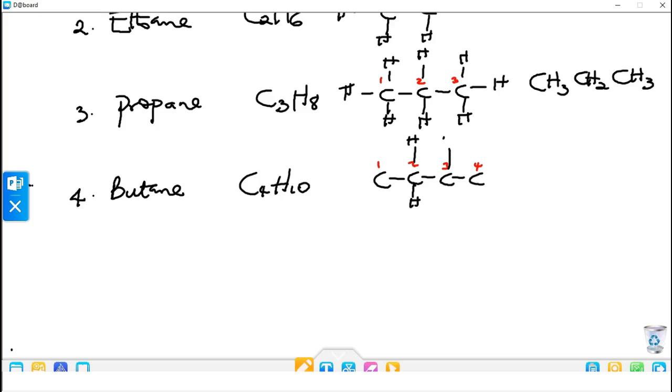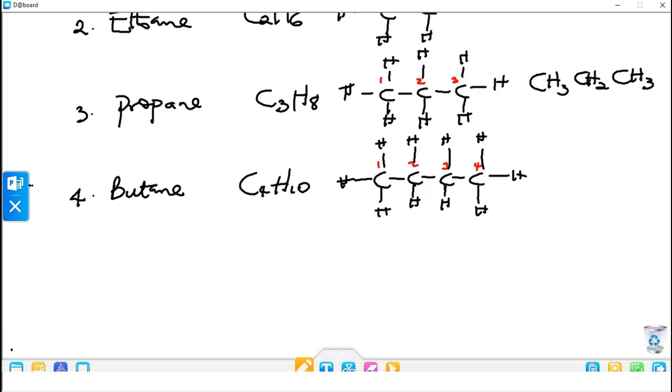Similarly, carbon 3 takes the 2 more bonds it needs. We have exhausted 4 out of 10, so we are left with 6. And those 6 hydrogen atoms can rightly be distributed between carbon 1 and carbon 4, giving 3 hydrogen atoms each. And with this, they are all satisfied. All of them have 4 bonds.